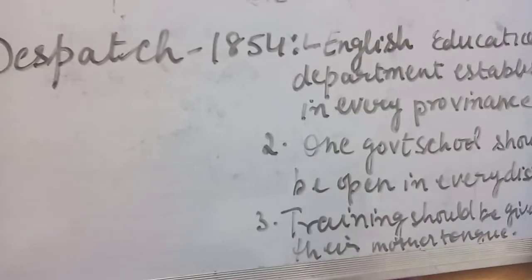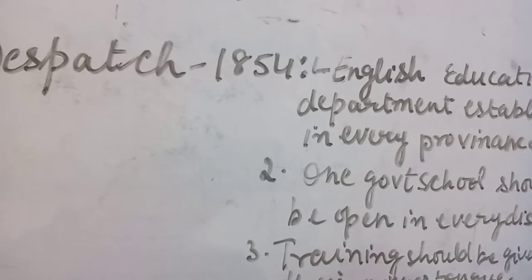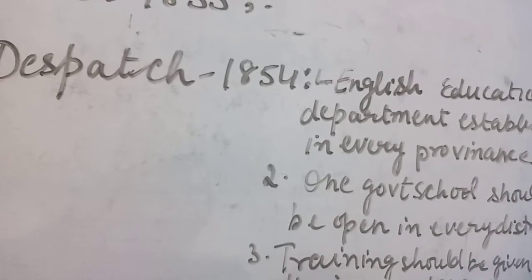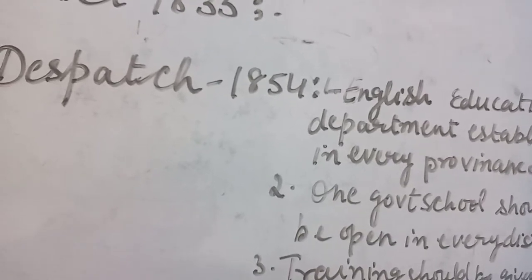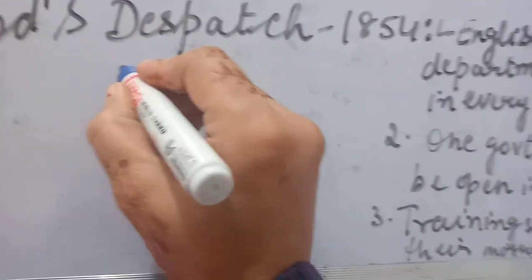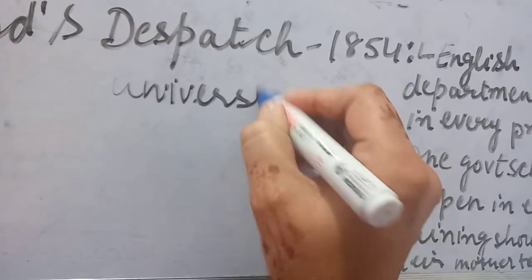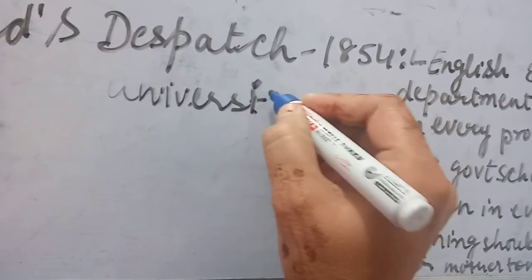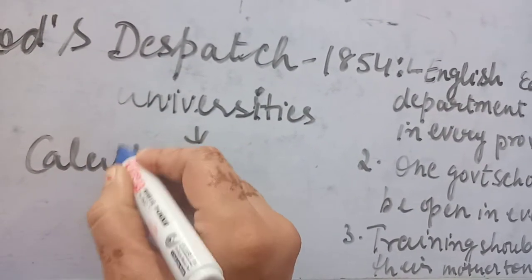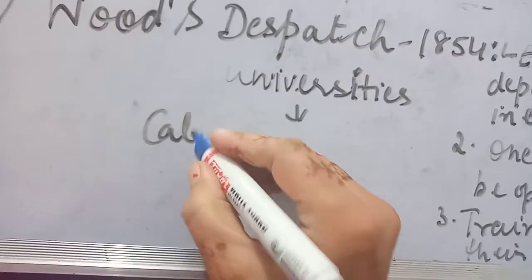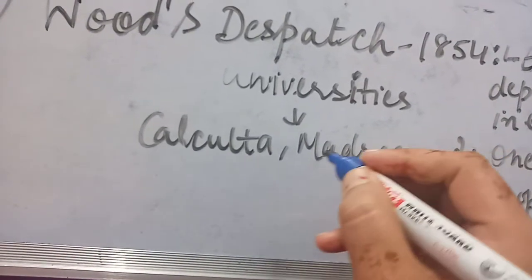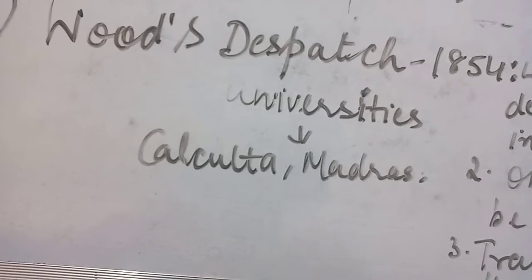In accordance with the Wood's Dispatch, education departments were established in every province, and universities were opened: Calcutta, Madras, and Bombay.